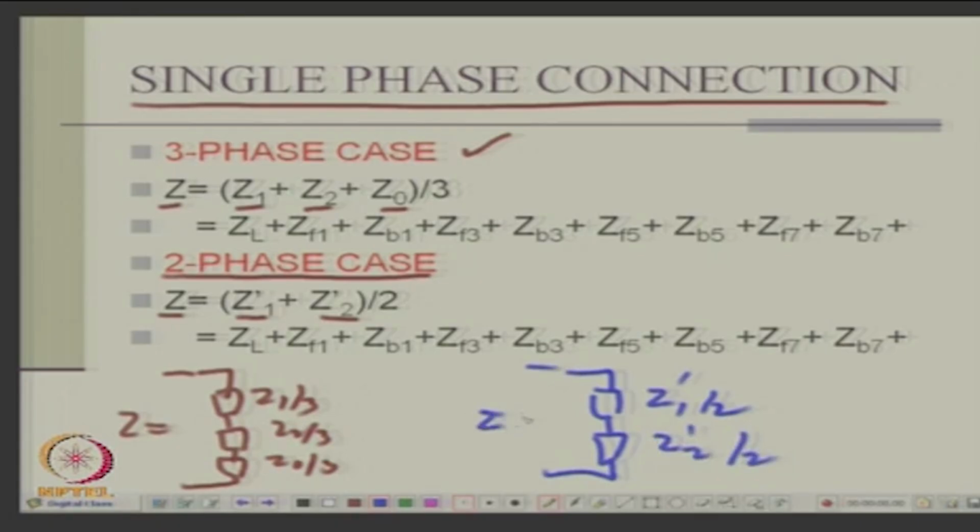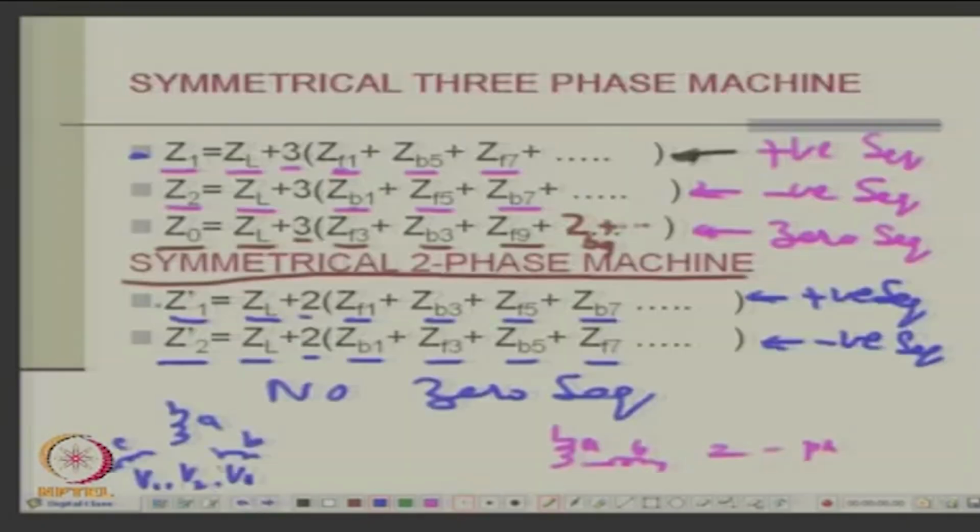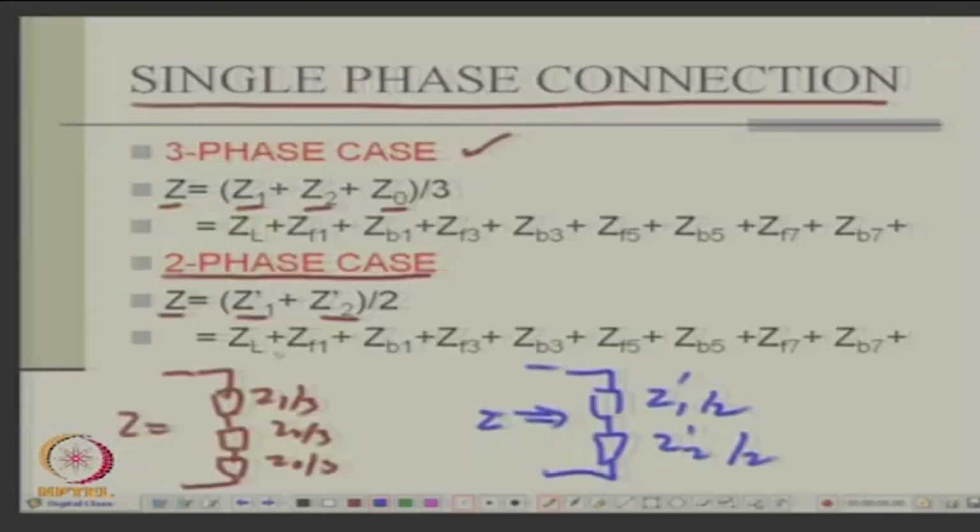Interestingly, we have Z1, Z2, Z0 from here for 3 phase and Z1 dash, Z2 dash from here for 2 phase, is not it? Then what will happen? If you substitute Z1, Z2, Z0 and Z1 dash, Z2 dash from those equations which we have already obtained, earlier I have written.